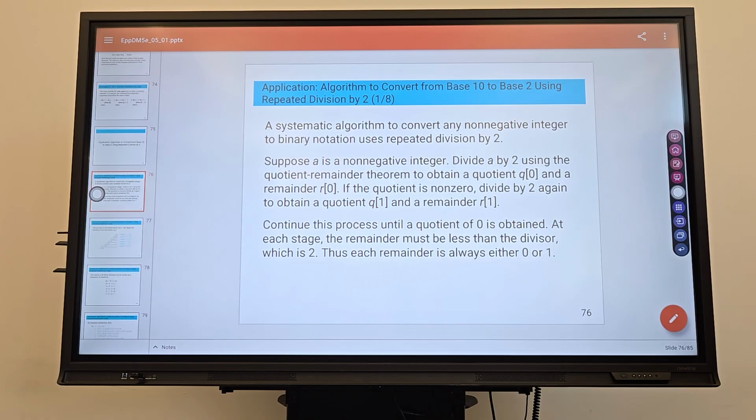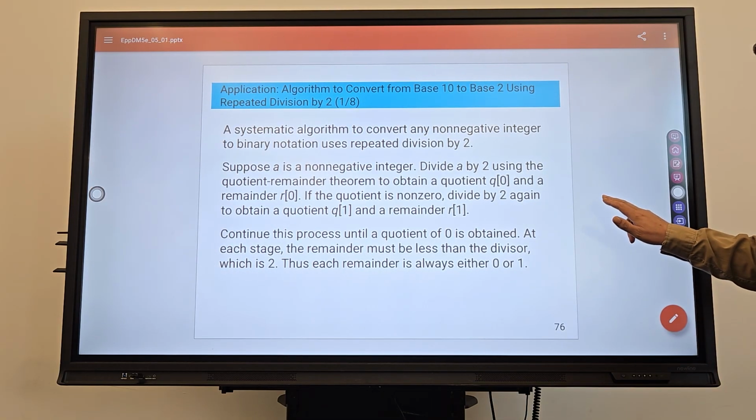If the quotient is non-zero, then divide by 2 again to obtain a quotient q1 and remainder r1. Continue this process until a quotient of 0 is obtained. At each stage, the remainder must be less than the divisor, which is 2.